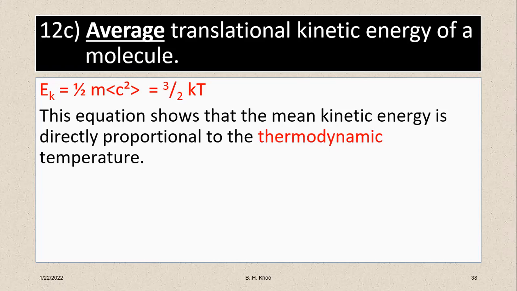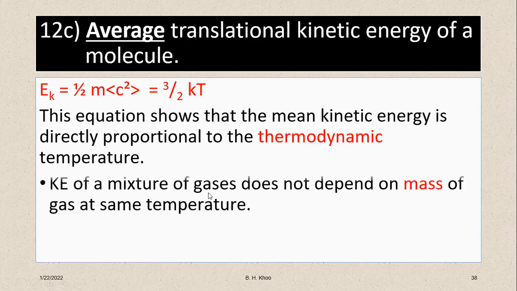Right? The equation shows that the mean kinetic energy is directly proportional to thermodynamic temperature, which is capital T. So Ek is equal to 3/2 kT, this is the average translational kinetic energy of a molecule.